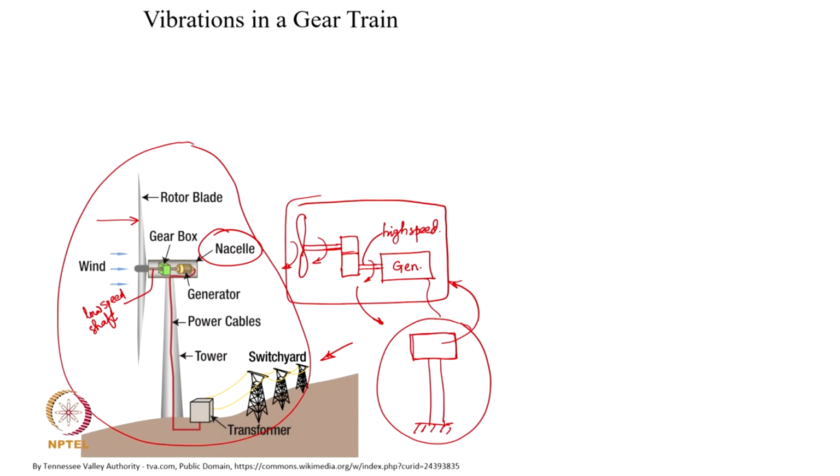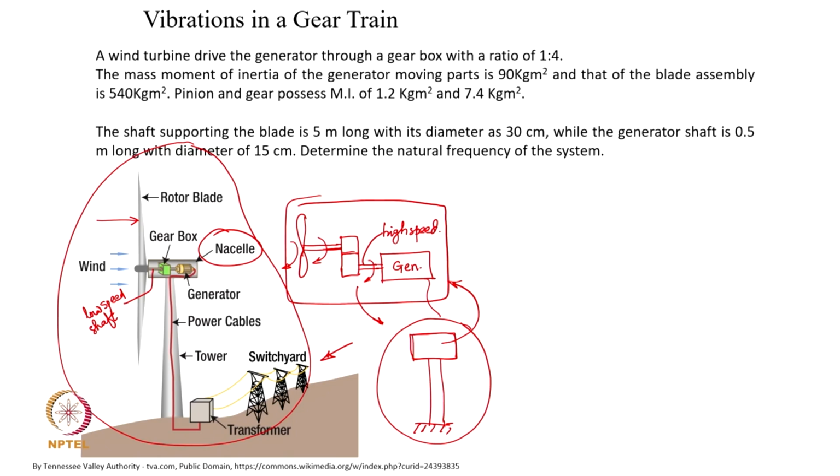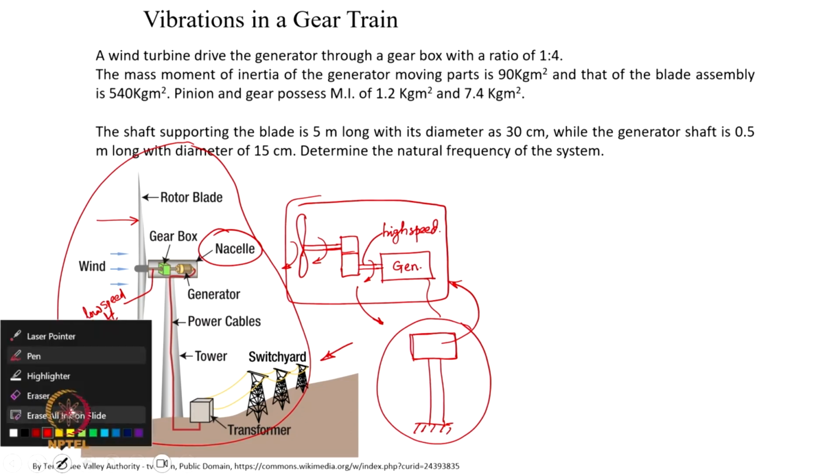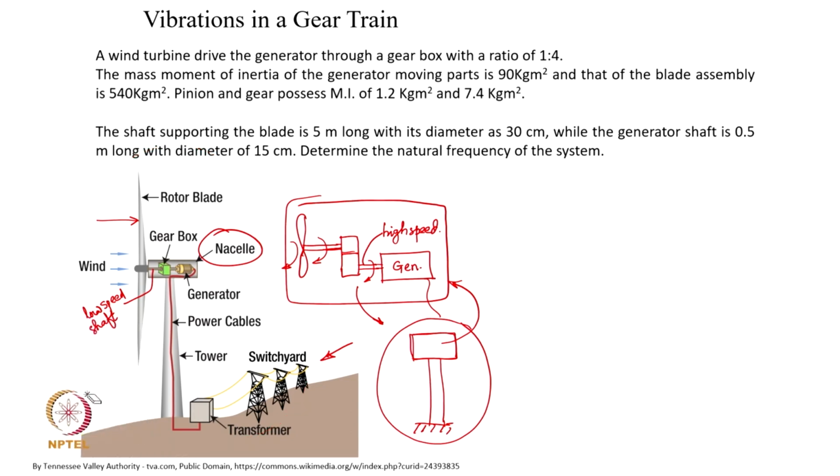Now, the problem here in terms of some of the parameter details is posed in the form of a problem, and so what we are seeing here is a question related to wind turbine vibratory model development.